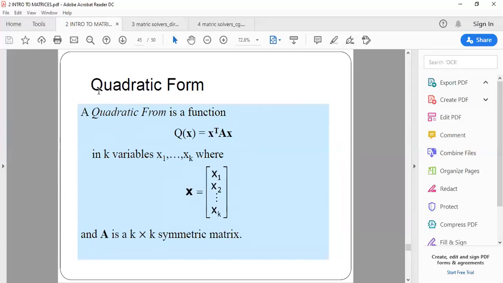Now the quadratic form of a matrix. Let x be any vector; the quadratic form of matrix A is x transpose A x. This is the one main thing you want to know in this PPT, and for conjugate gradient we will use this.